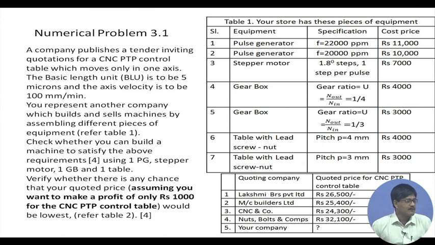So, what is exactly required here? We have to choose from this inventory of equipment which is available with us some equipment which is restricted to one pulse generator, one stepper motor, one gearbox and one table to make up finally this CNC machine, which is going to be capable of producing a basic length unit of 5 microns and an axis velocity of 100 millimeters per minute.